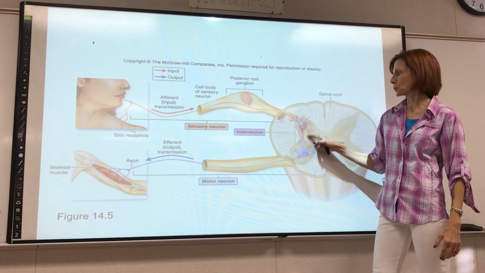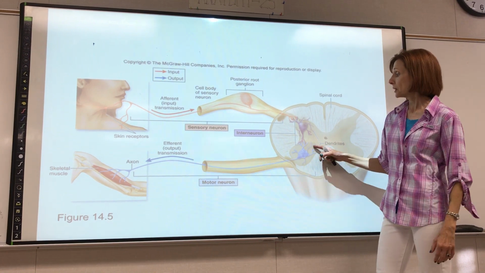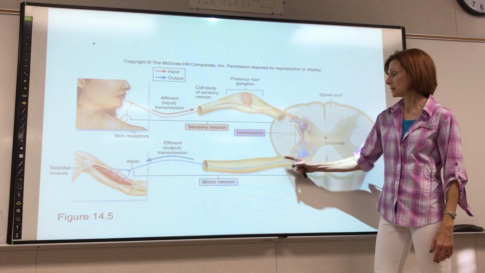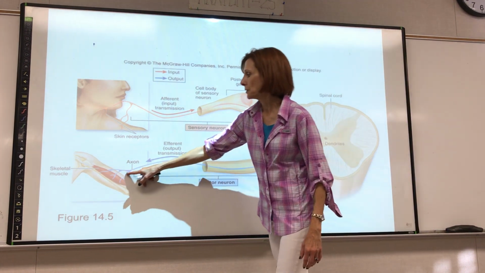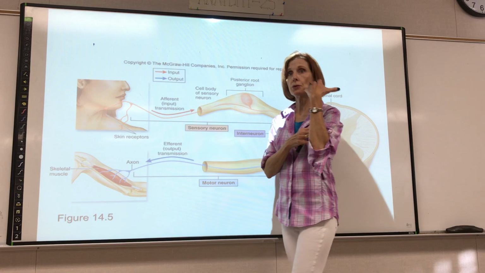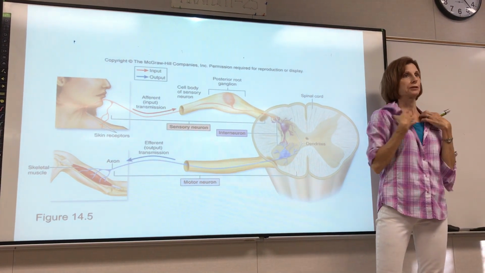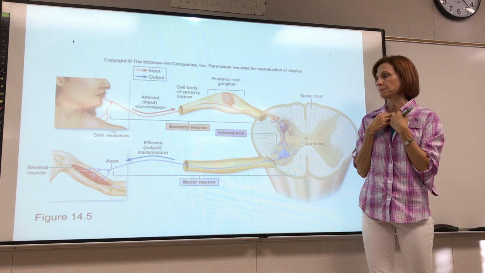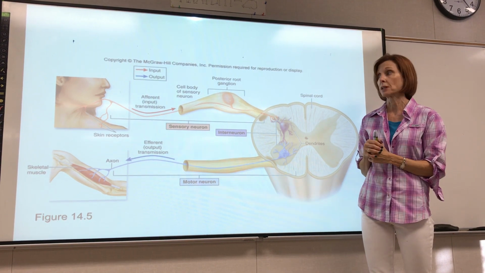Multipolar, right, multipolar. And that's what interneurons look like. They are all multipolar. And then here we have a motor neuron, again, multipolar. And the axon is going to go all the way out to muscles that we would use to have a reaction to whatever is irritating the skin. So this really is a reflex, is what they're showing.